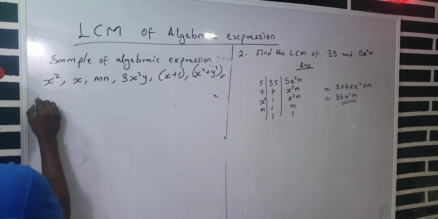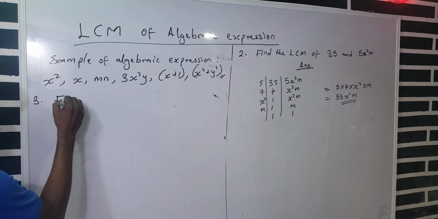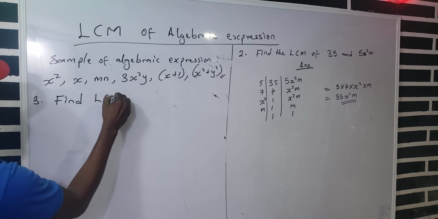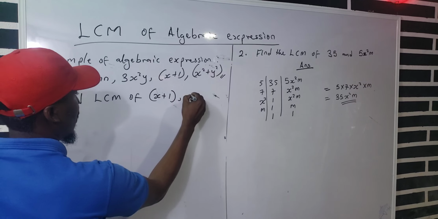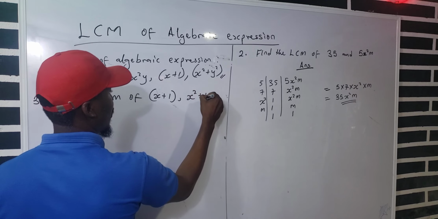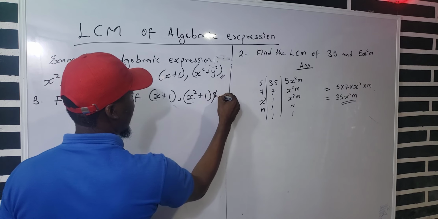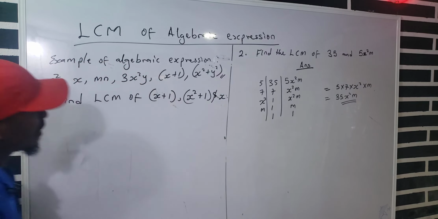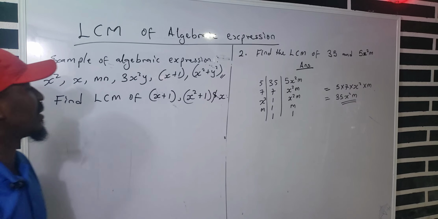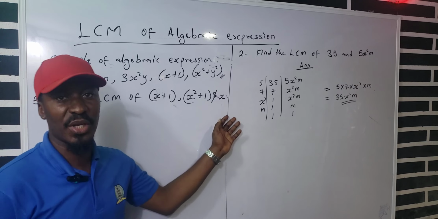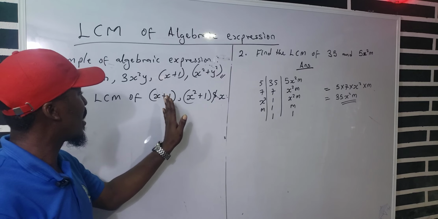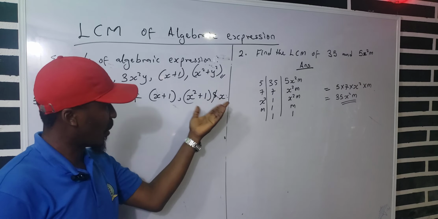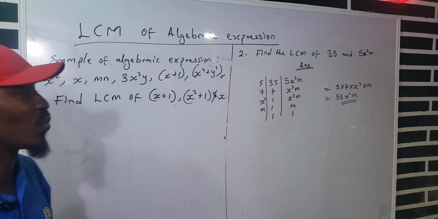Let's take for instance that this is our example 3: to find the LCM of s plus 1, s squared plus 1, and s. So we want to find the LCM of an algebraic expression of this nature, which is an expression in bracket. Of course, we have the one that is not in bracket. What are we going to do?